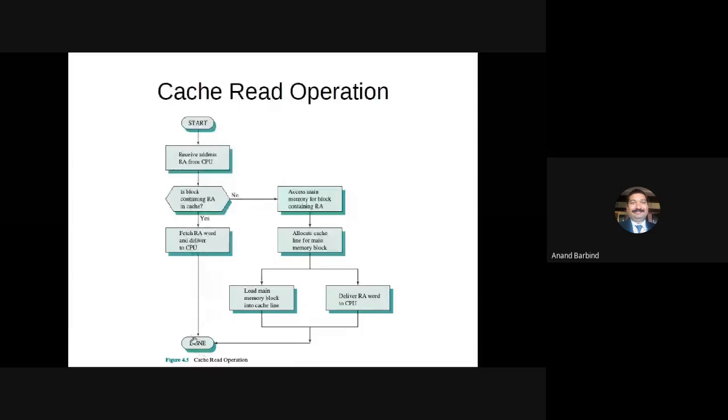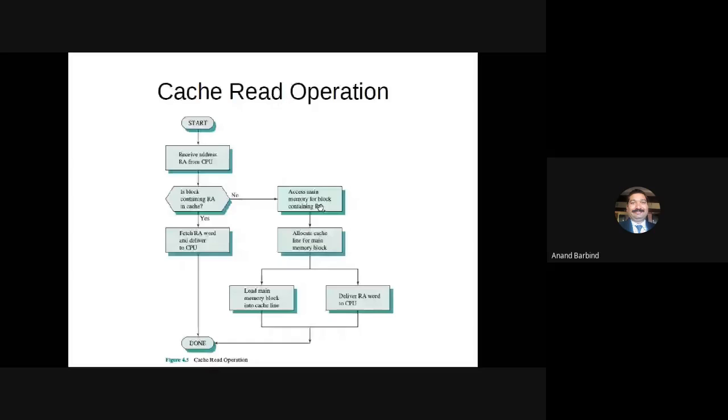Then it is done with that read operation. But if the read address is not present in the cache, then it accesses the main memory for the block that contains that read address. Then it allocates a line for the main memory block.